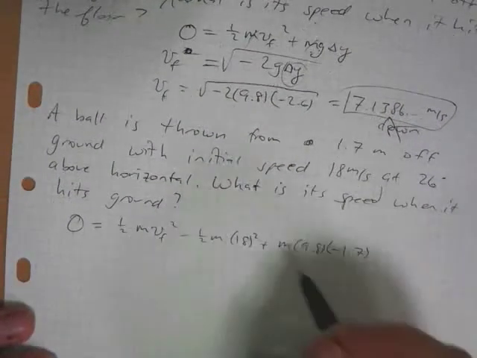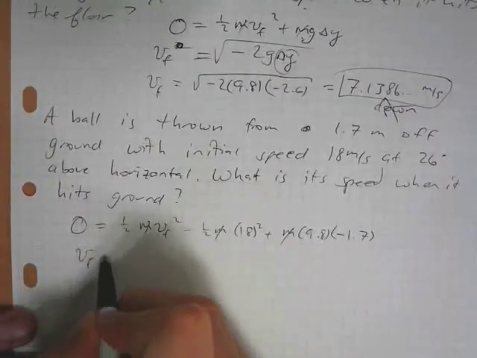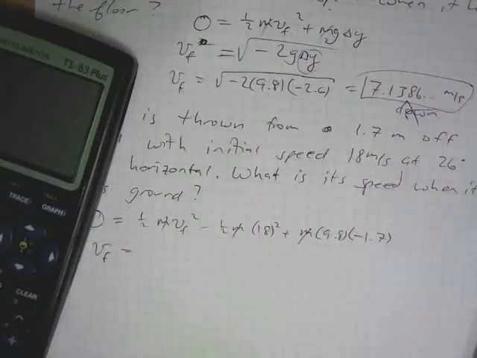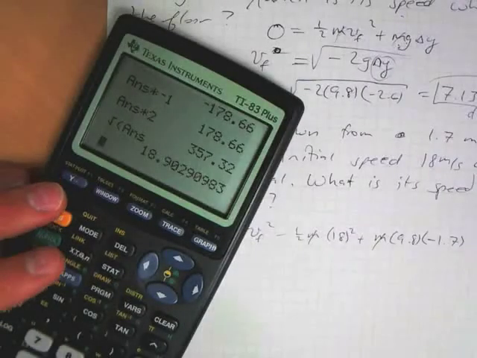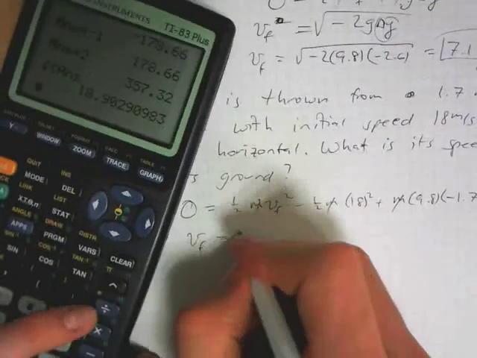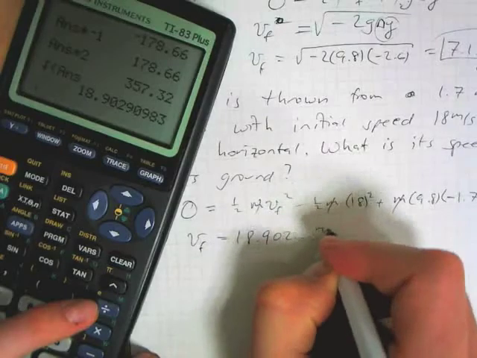Our masses cancel out, and then we get v final squared equals 0.5 times 18 squared minus 9.8 times 1.7, moved to the other side, then we multiply by 2 and take the square root, and we get that its final speed is 18.902 meters per second.